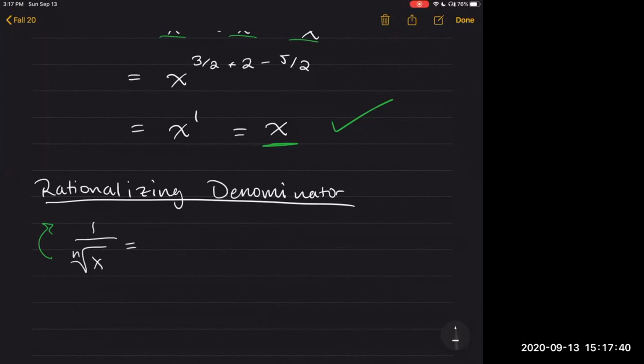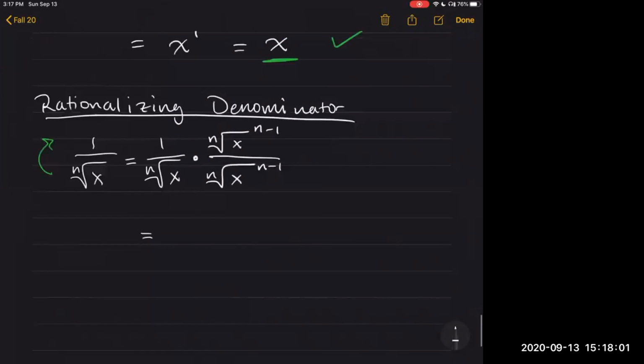So the way we do that is we're going to multiply this by a fancy 1, right? So we're going to do the nth root of x to the n minus 1 power on the top and the bottom. And the reason we're going to do that is because then we can write the nth root of x to the n minus 1 over the nth root of x times the nth root of x to the n minus 1.